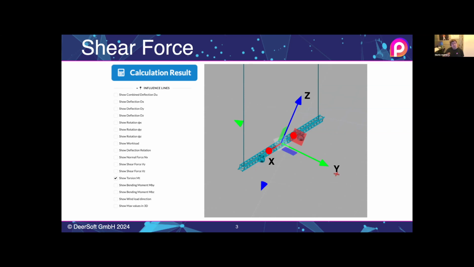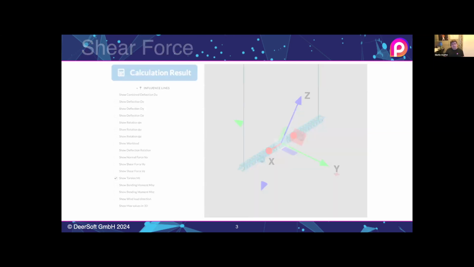It's this blue object, this entry with a small calculator to the left, called calculation results. In there are a lot of influence lines, which are in the object info properties. We will dive a little into this to understand what they mean and how to use them.